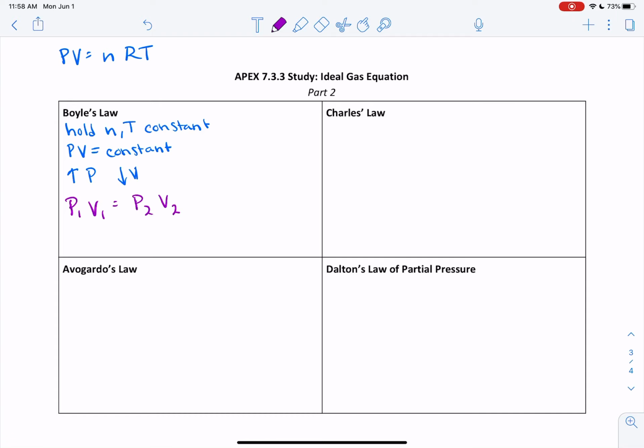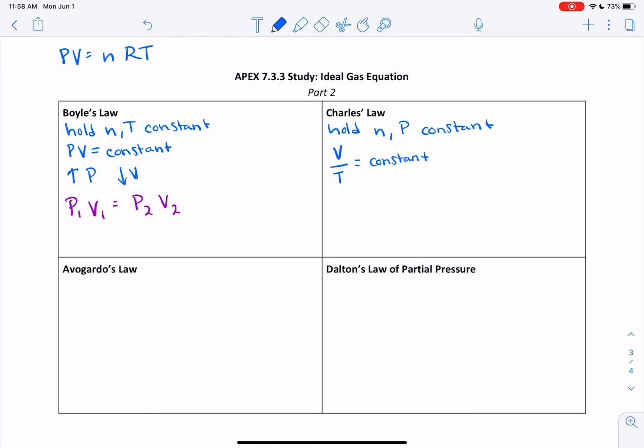All right, next up is Charles' Law. Charles' Law is sort of similar to Boyle's Law, but Charles' Law is saying, let's look at just volume and temperature. So if you hold, again, the number of particles and the pressure constant, then your equation becomes volume over temperature equals a constant.